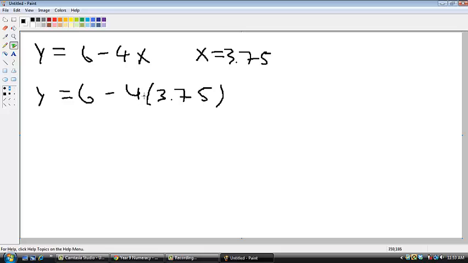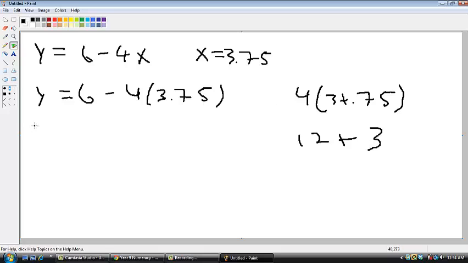Now, if we evaluate 4 times 3.75, we can actually use a little bit of algebra. We can break that number into 4 times 3 plus 0.75. 4 times 3 is 12, plus 4 times 0.75, which is equal to 3.